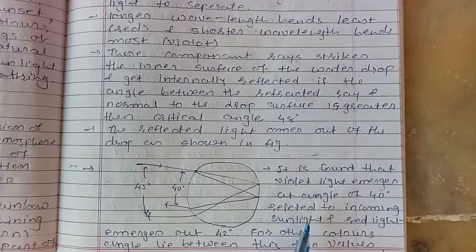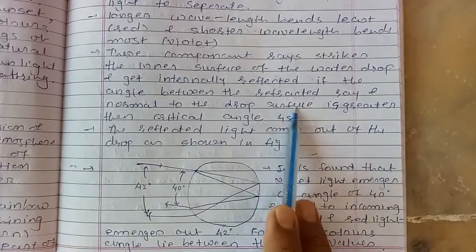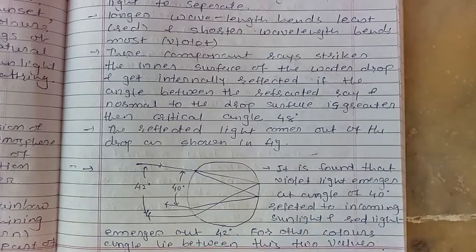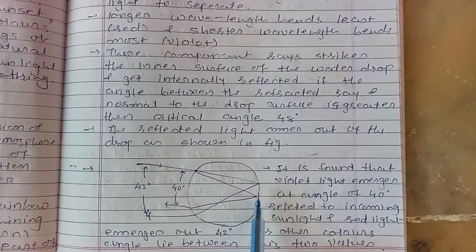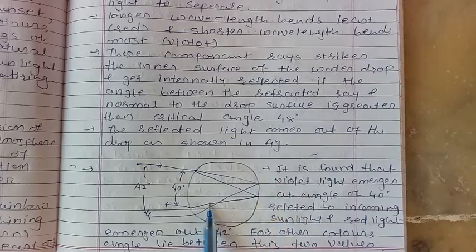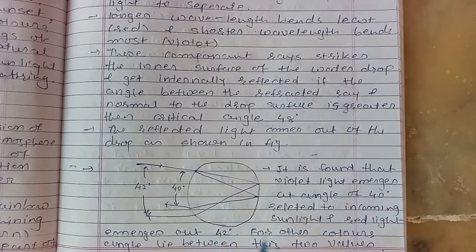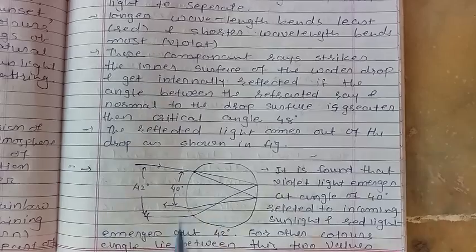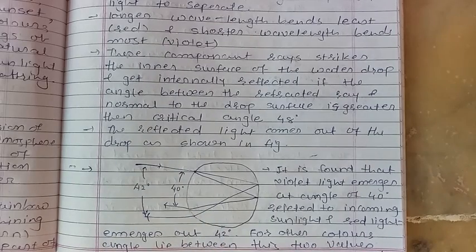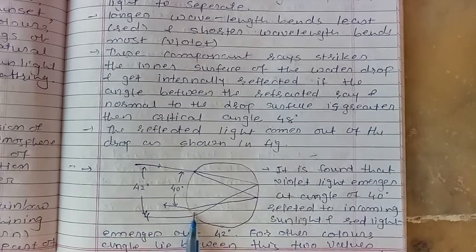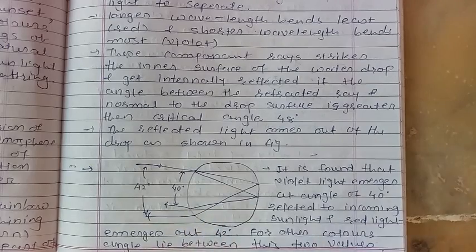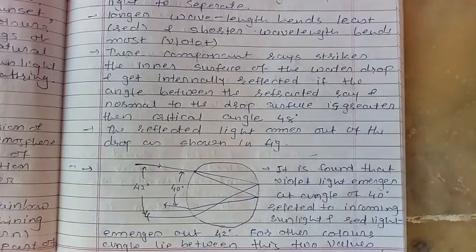The value of critical angle is 48 degree. So these colors of the ray are reflected in the same medium, as you can see in this figure, and after that it comes out of the drop as shown in this figure, right?